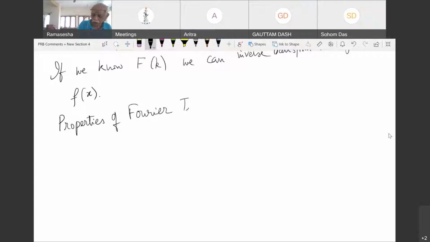So I showed you in the previous class the Fourier series and the Fourier transform. F tilde of k is the integral from minus infinity to infinity of f of x e to the power ikx dx.